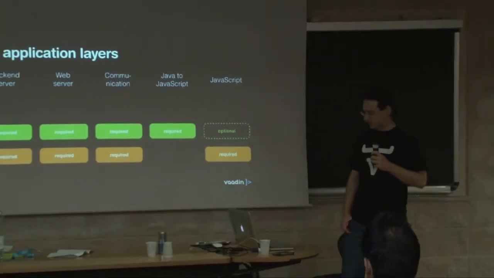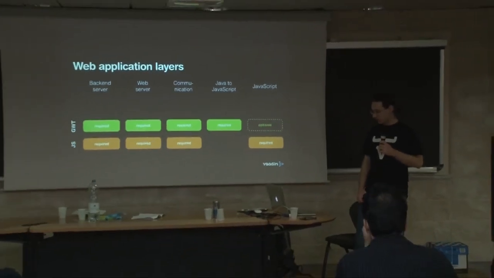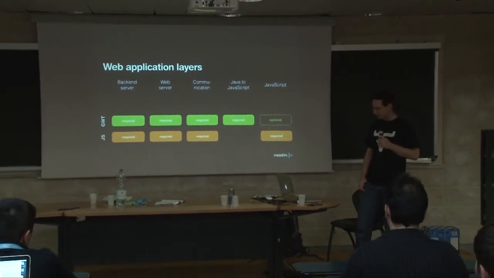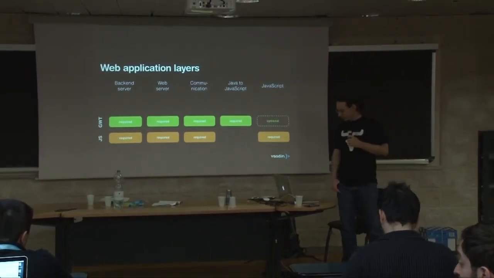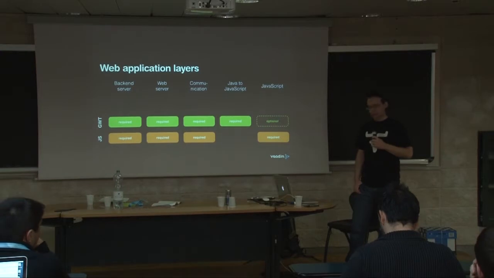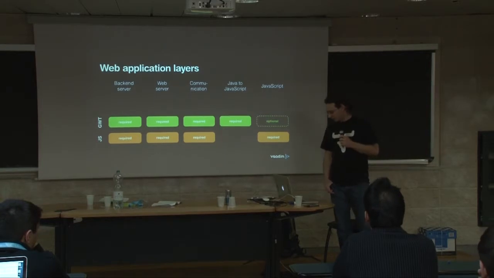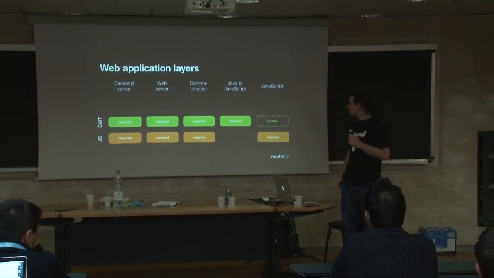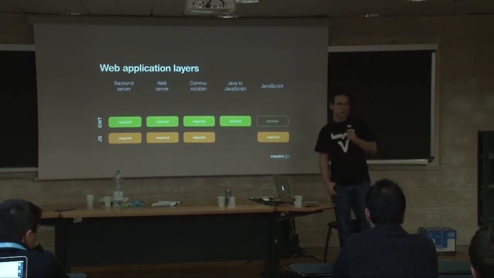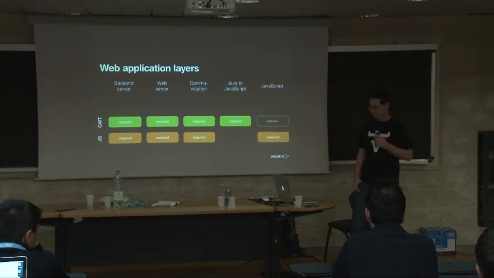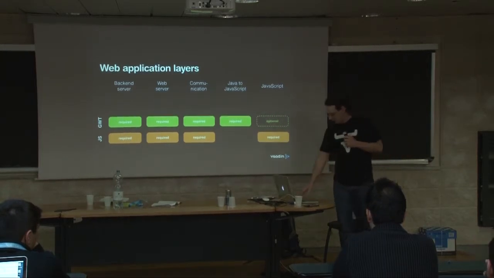GWT uses the same notions as Vaadin, so it has components, and you can create reusable components, and you don't need to code anything in JavaScript unless you need something special. So this JavaScript layer is optional. However, if you need it, then you can go there.